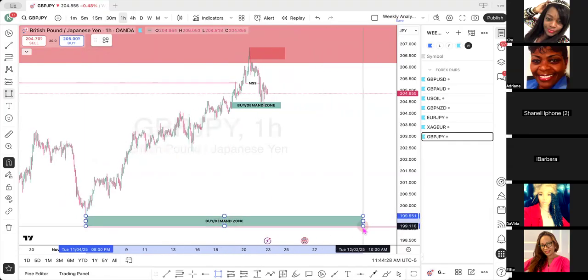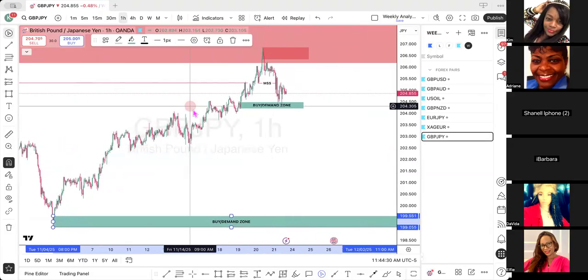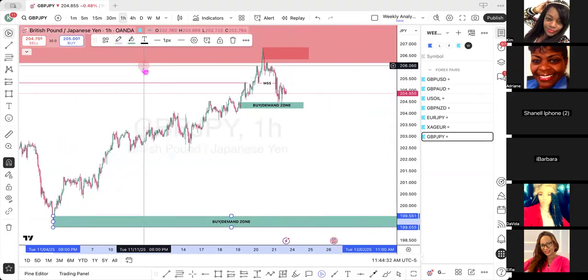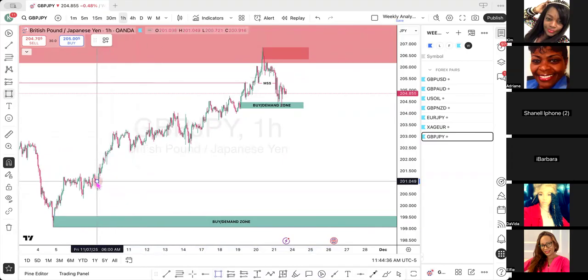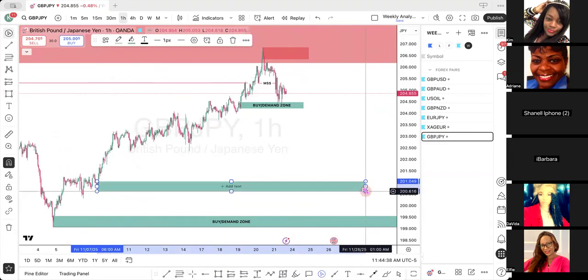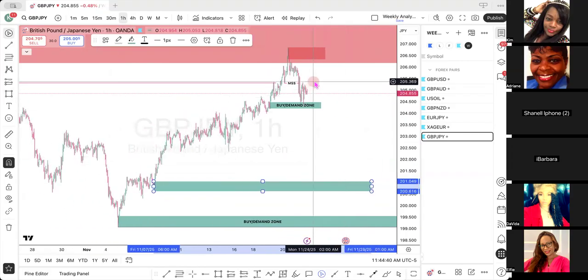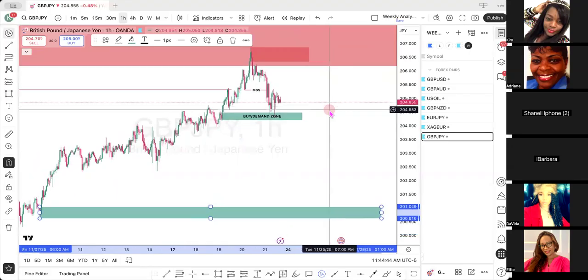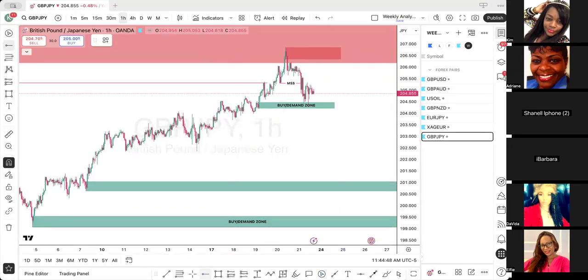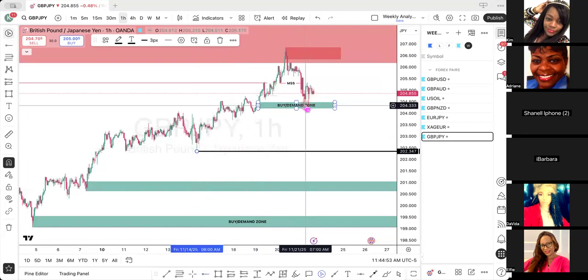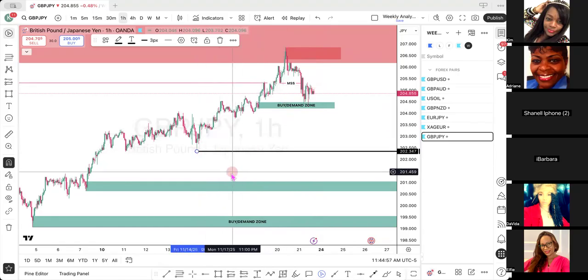So you have this zone here, and then we have this zone here. Once this pulls back, depending on your trading style, you can target this low.